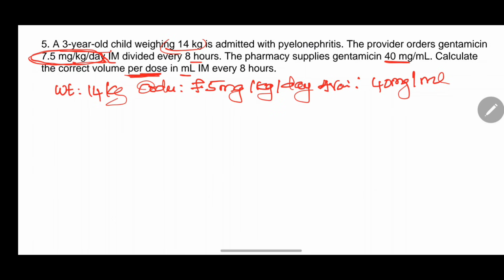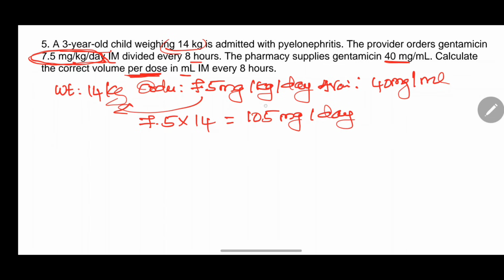Now, as usual, let's calculate it according to the weight. 7.5 into 14 is 105 milligram per day. But we need it for every 8 hours. So every 8 hours means, for one day, how many 8 hours? 8 into 3 is 24 hours, right?